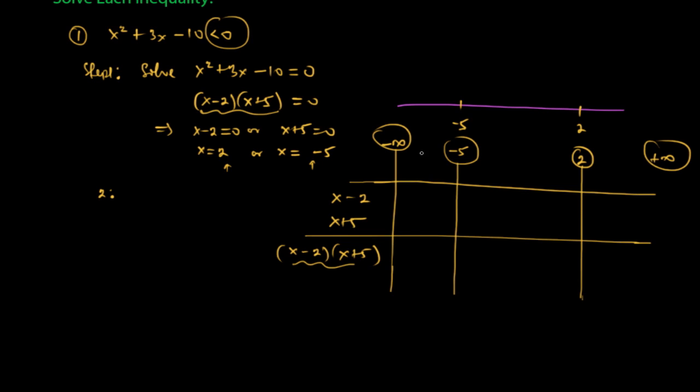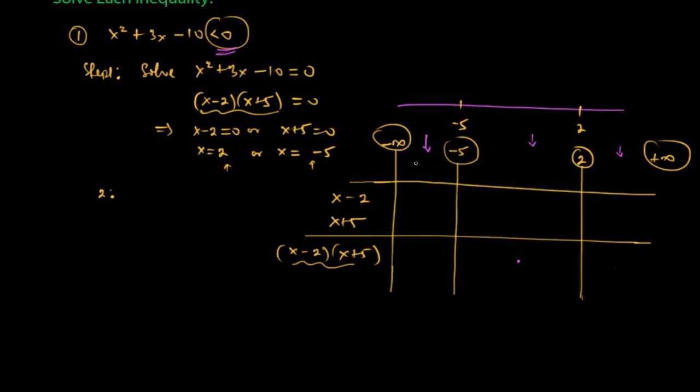When x falls between negative 5 and 2, do we obtain a negative number here? When x falls between 2 and positive infinity, do we obtain a negative number here? We want to know which of these three ranges satisfies this quadratic inequality. That is exactly what we want to check.